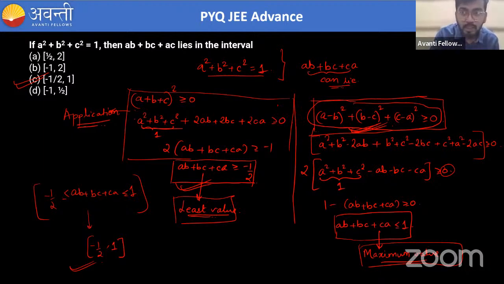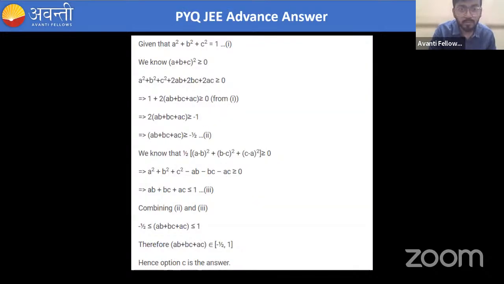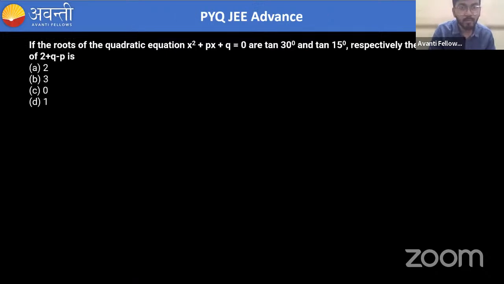let us move on to another question. Now, in this question, you guys can see that we have been told x square plus px plus q equals 0 has roots as tan 30 and tan 15 degree respectively.